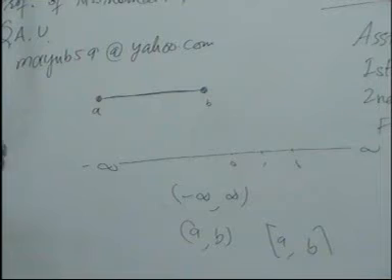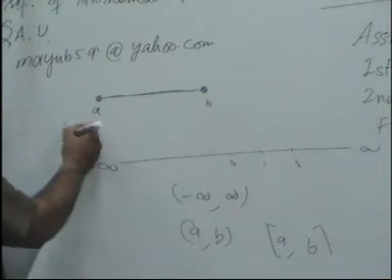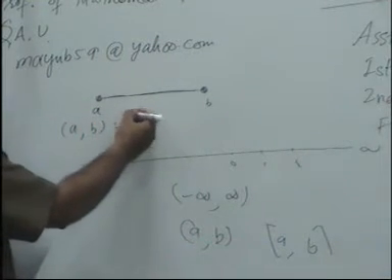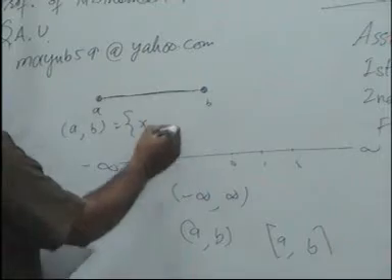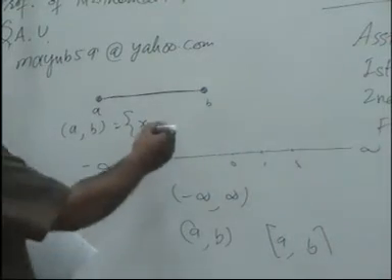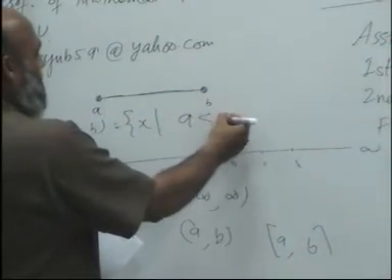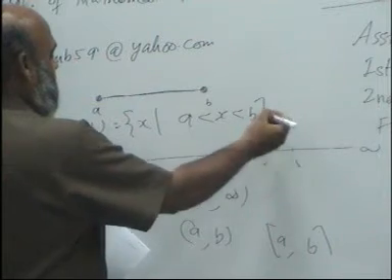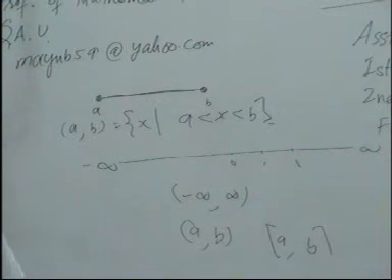Another way of writing the open interval in set form is the set of all points such that it is lying between a and b.